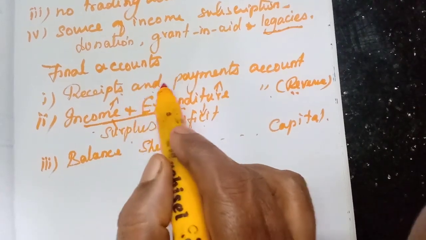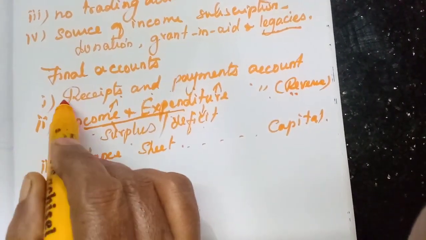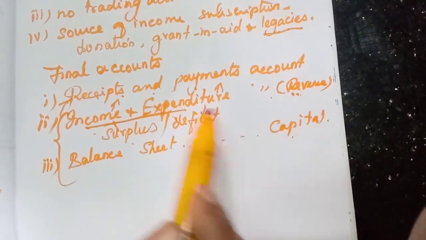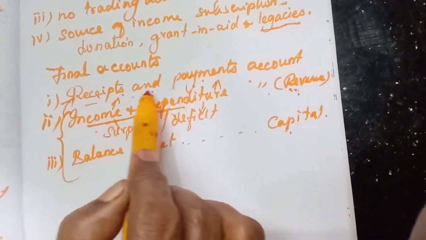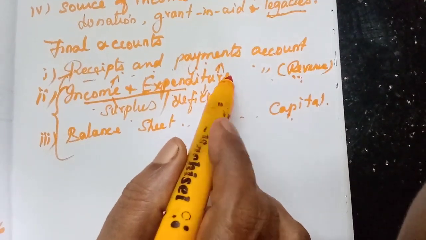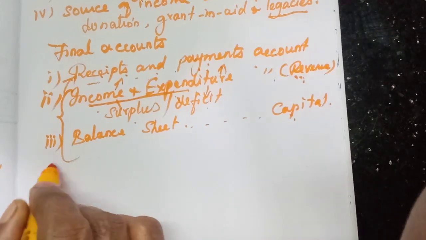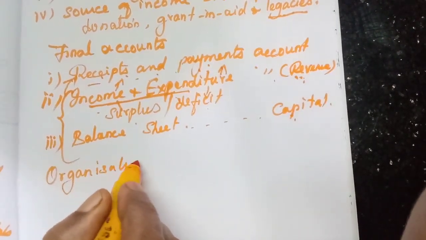But in the receipts and payments account, everything will be coming together. All the receipts, whether revenue or capital, and all the payments, whether revenue or capital, will be entered in the receipts and payments account. Now, if an organization, which organization? A not-for-profit organization is registered.